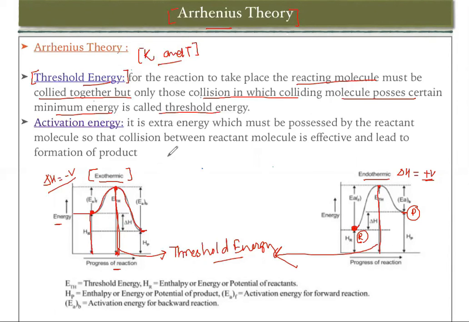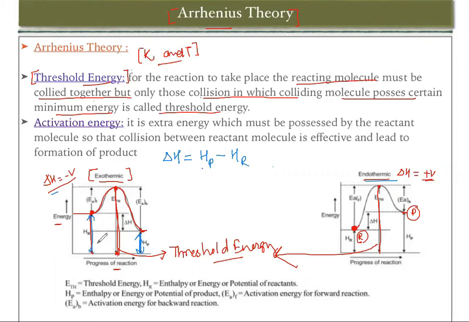Now here you can see why the enthalpy change of an exothermic reaction is negative and why that of an endothermic reaction is positive. Delta H is the enthalpy change, equal to the enthalpy of the product minus the enthalpy of the reactant. This is the enthalpy of the product, and the enthalpy of the reactant is this.